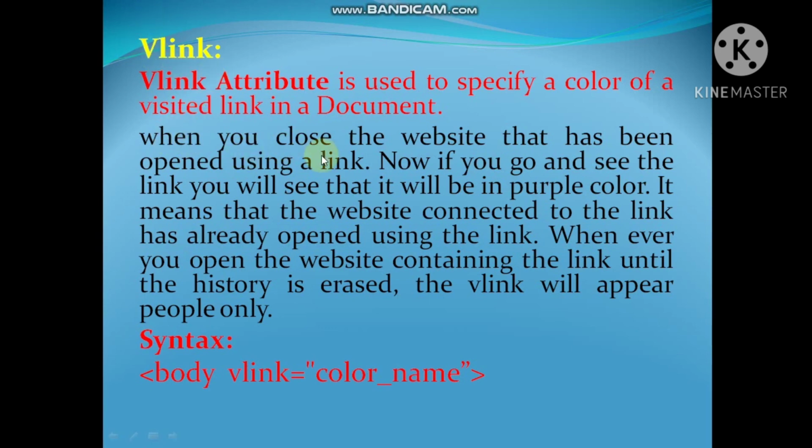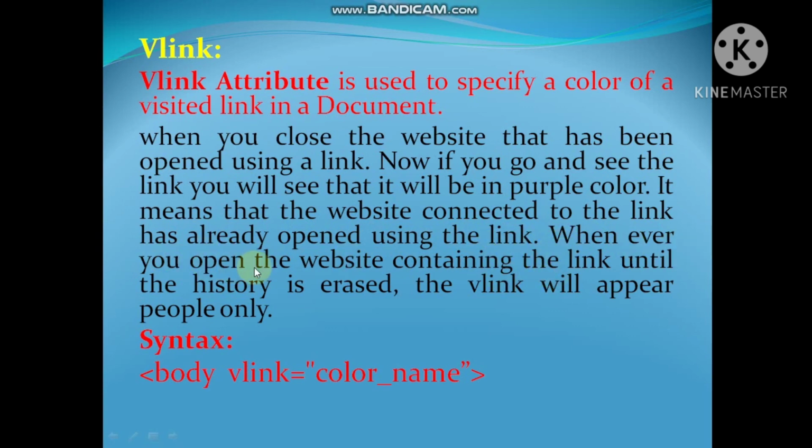When you close the web page that has been opened using a link, now if you go and see the link, you will see that it will be in purple color. Default is purple color. It means that the website connected to the link has already been opened using the link. You can already check that link.